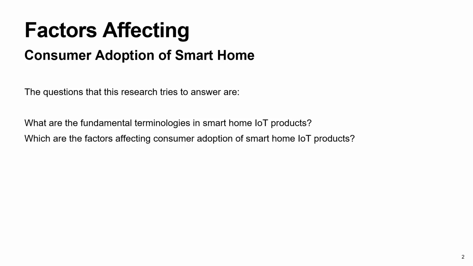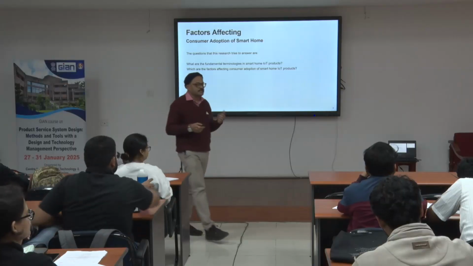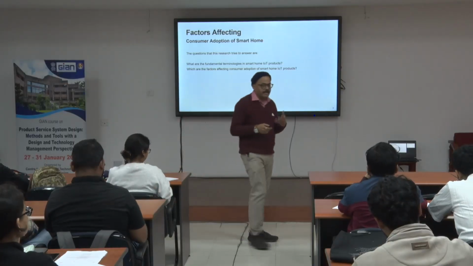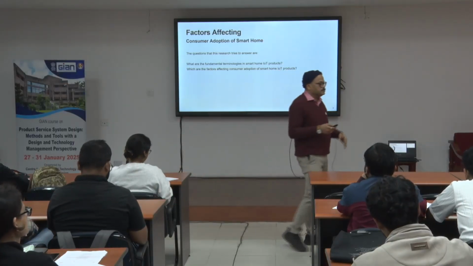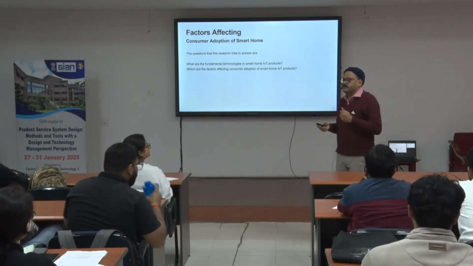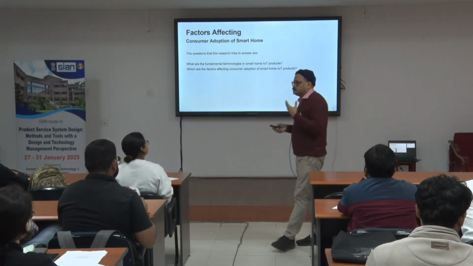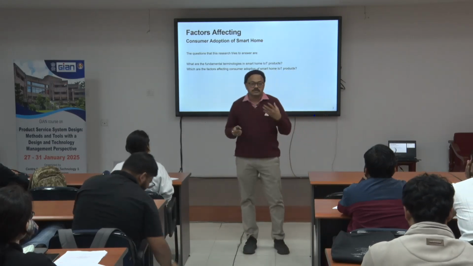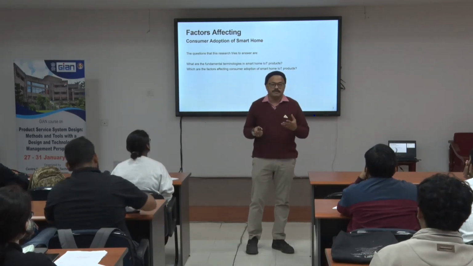Like yesterday, when I discussed different technology adoption models like TAM, TPB, etc., the question started coming in: how do I identify the factors that I need to consider in the TAM or TPB?